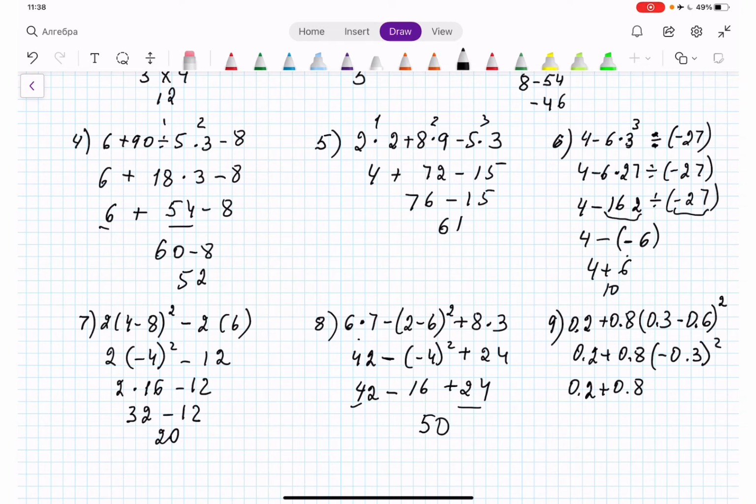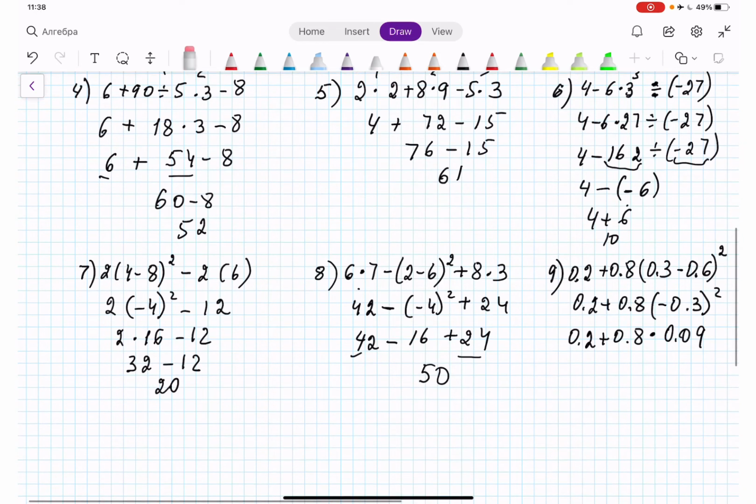That is equal to positive 0.3 times 0.3. 3 times 3 is 9. Moving back 1 and 2 positions. There we go, 0.09. Okay, from here we do multiplication.